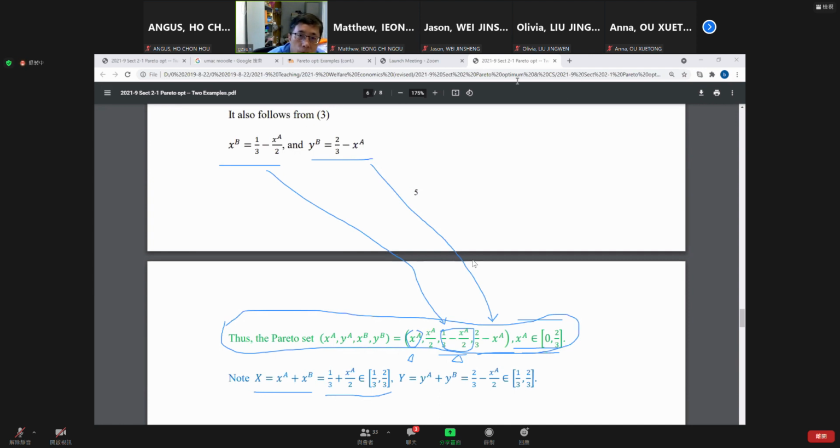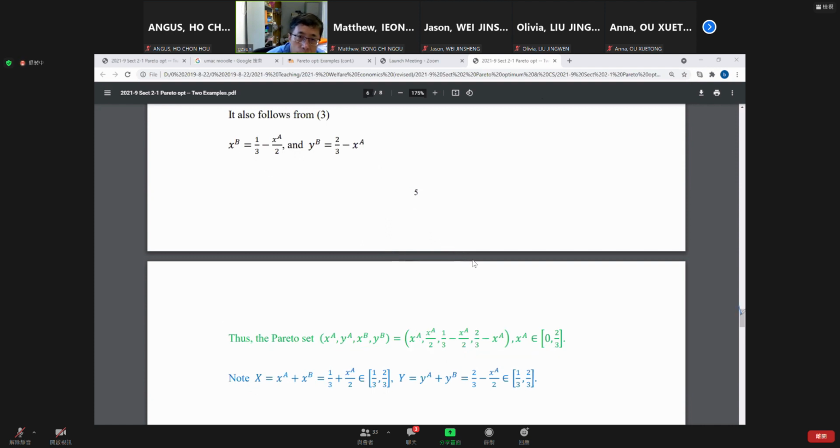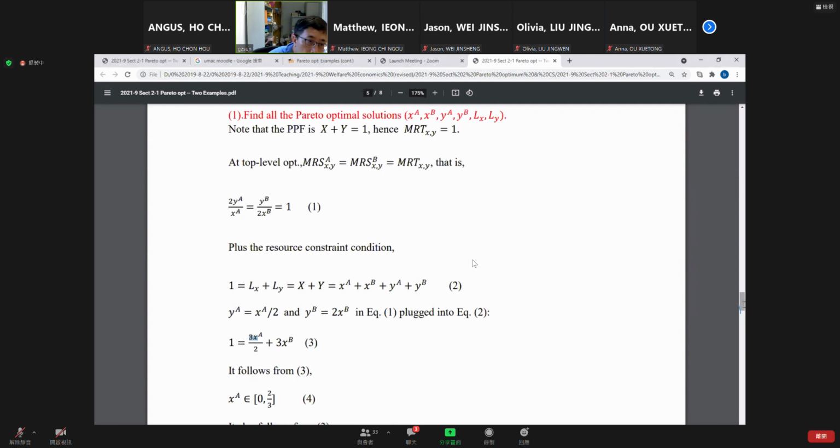So therefore, we must consider the so-called top level optimal. Top level optimal means it's not enough to only consider production. You must organize the social production in such a way to make the people as happy as possible.